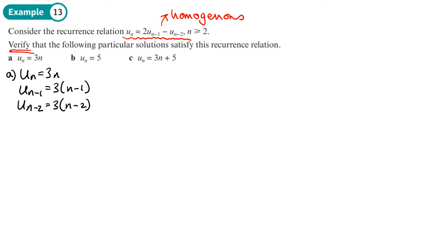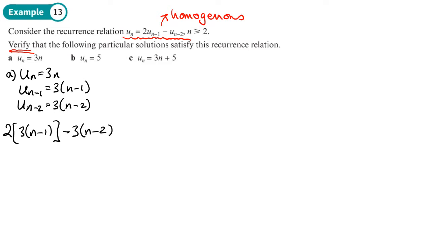So now substituting them in, we're going to have 2 times un minus 1, which is this, so 2 times 3(n minus 1), then minus un minus 2, which is this. So we need to subtract 3(n minus 2).